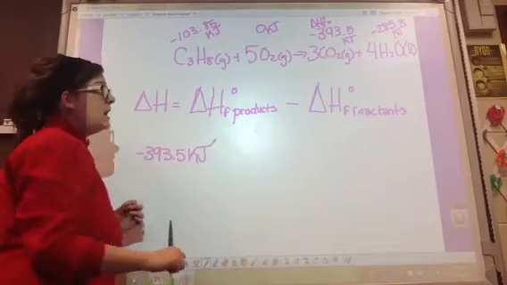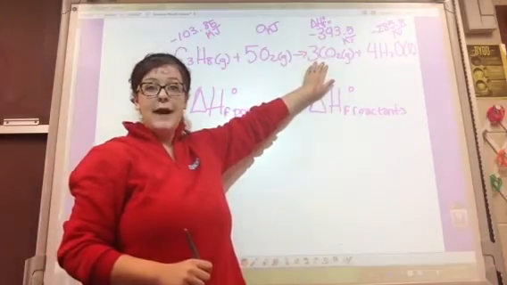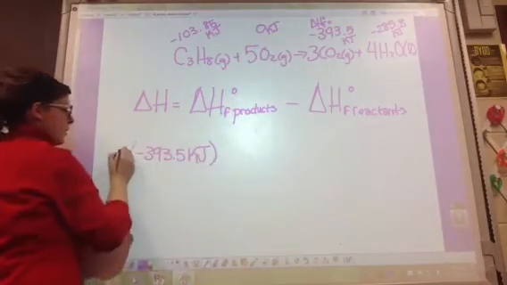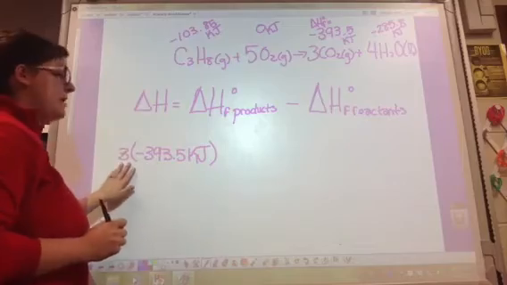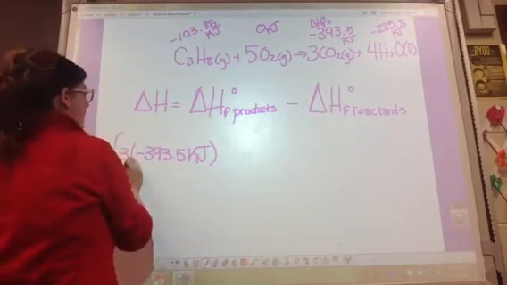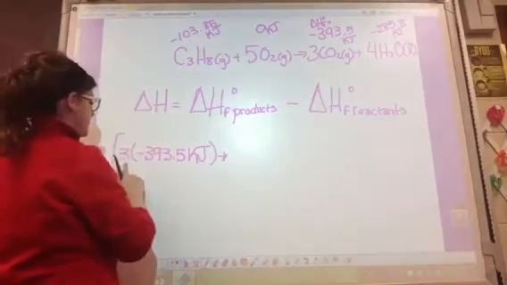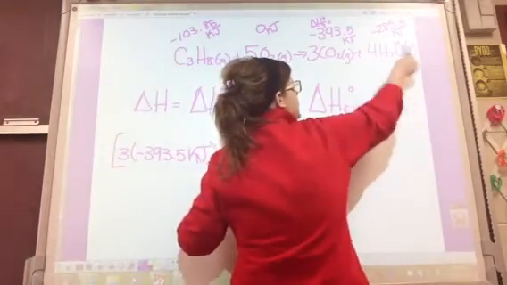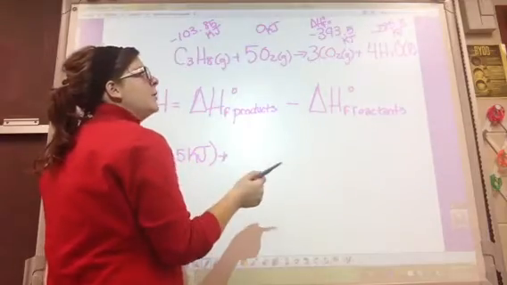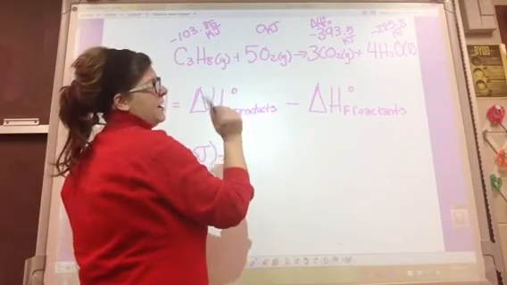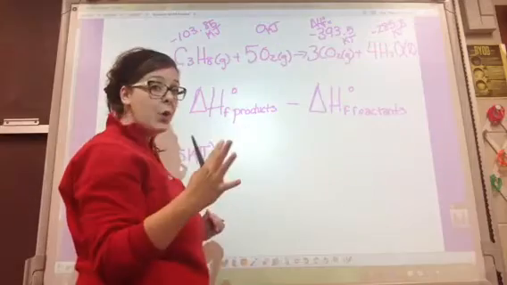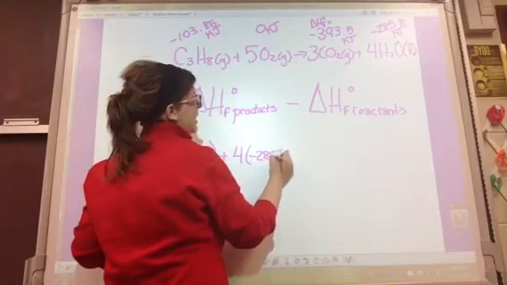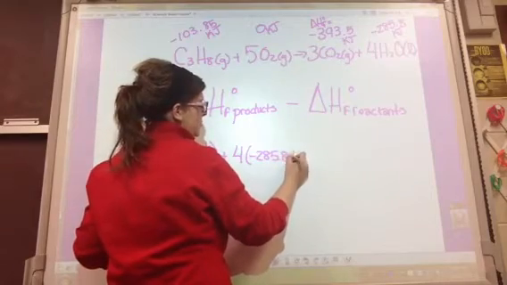But how many moles of CO2 do I have? I have 3, so I need to multiply that delta H value by 3. I have one more product, so this is my products plus my water. That water has a delta H value of negative 285.8, but I have 4 of them, so I want to do 4 times negative 285.8 kilojoules.